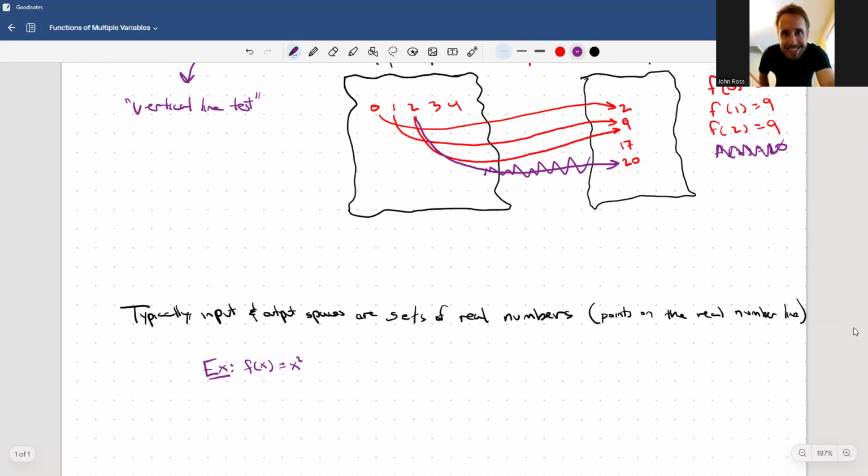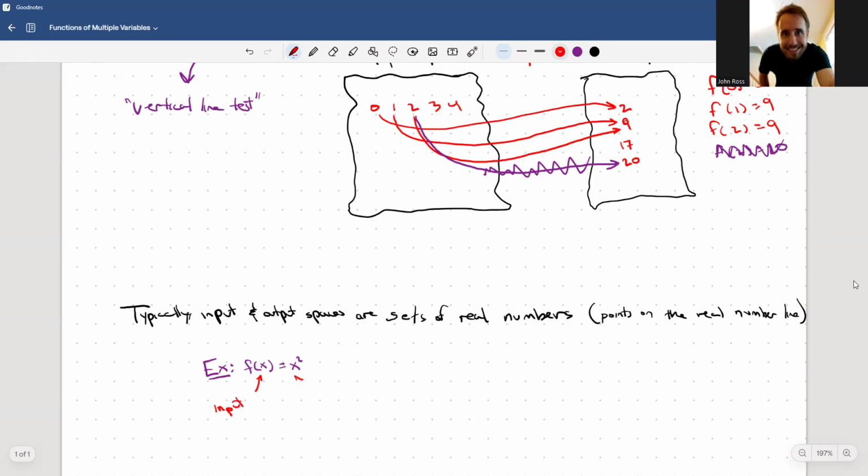What we have seen in most of our career up until this point is that the input space and the output space are sets of real numbers, aka points on the real number line. And so what that means is that if I have a function whose inputs and outputs are real numbers, here I have the function f of x equals x squared, I'm imagining that my input values are real numbers.